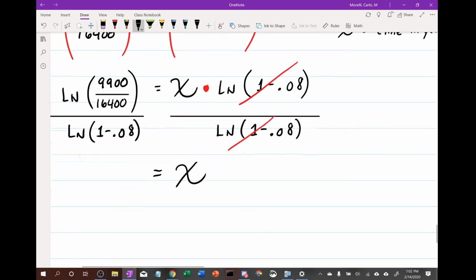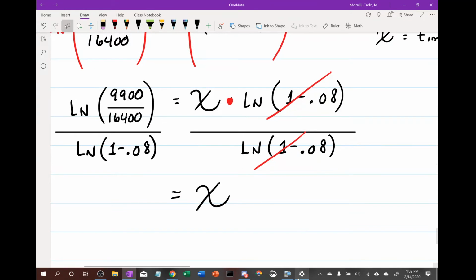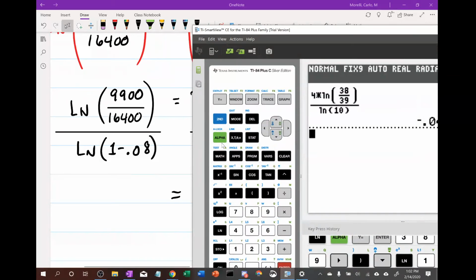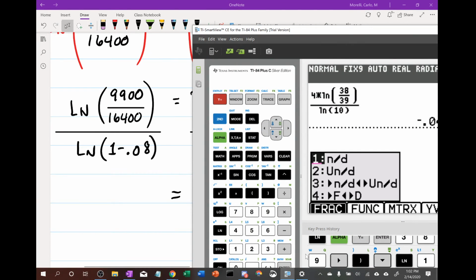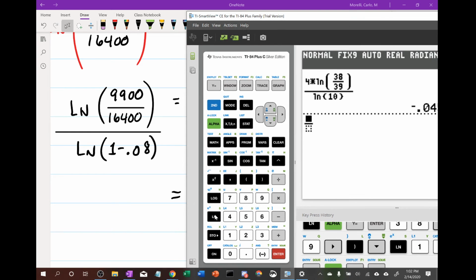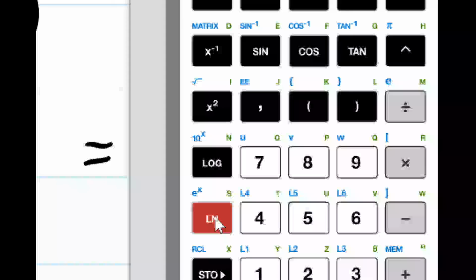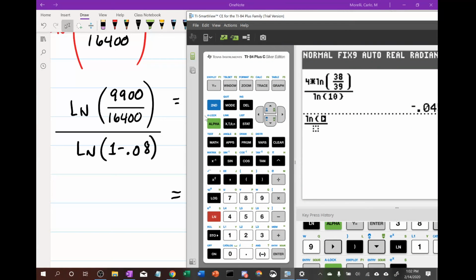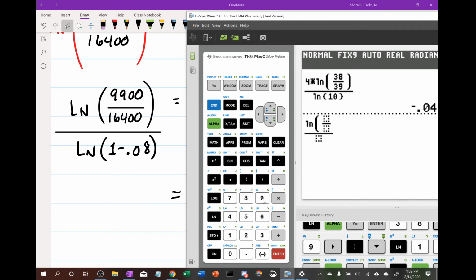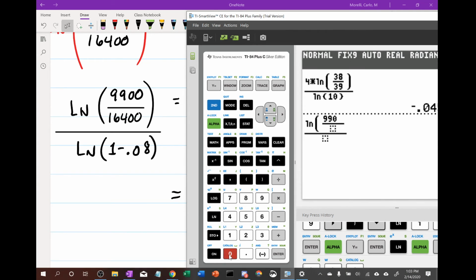Let's plug this into the calculator. We're going to hit alpha y equals, enter, ln, and then hit alpha y equals, enter. Type in 9900 in the numerator, and then 16,400 in the denominator.